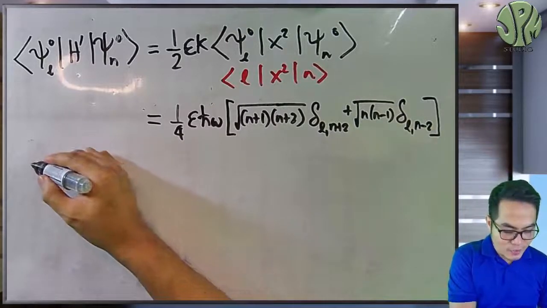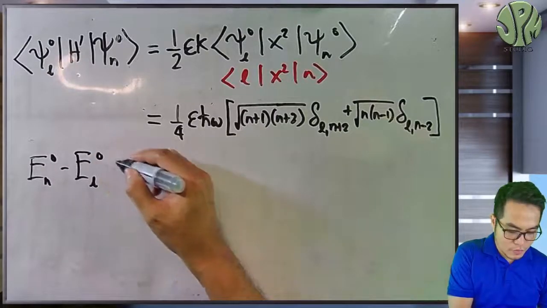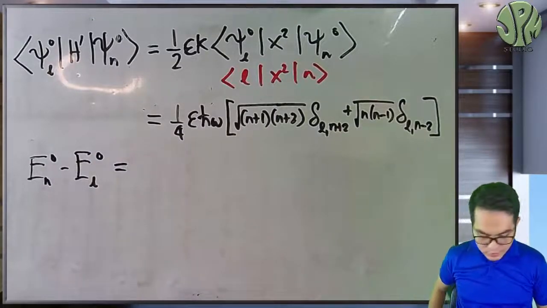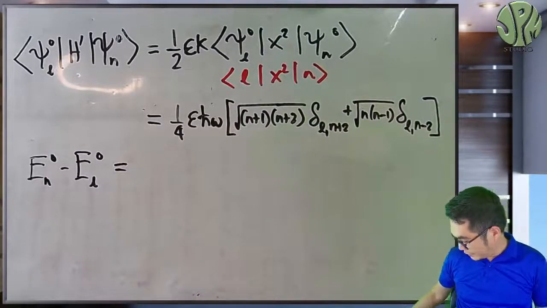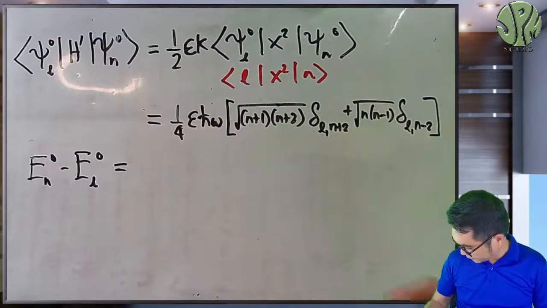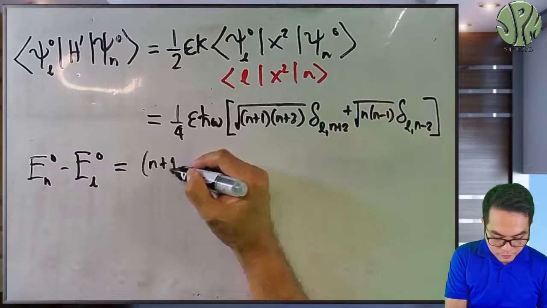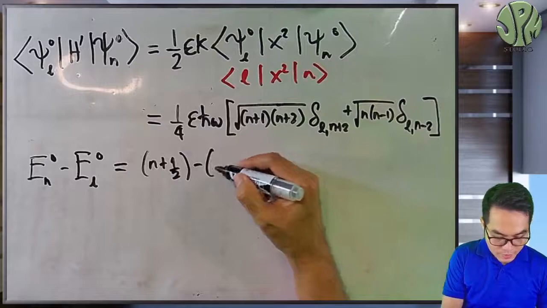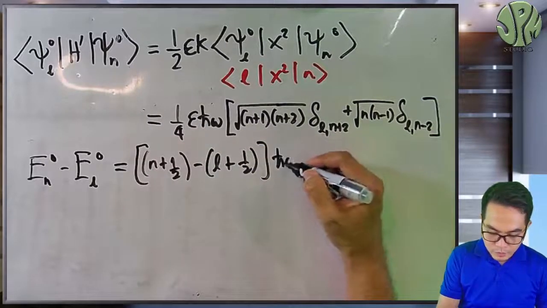We then next solve for the difference in energy, En0 minus El0. So this is the harmonic oscillator potential energy. So meaning this will just be n plus 1/2 minus L plus 1/2, times h bar omega.